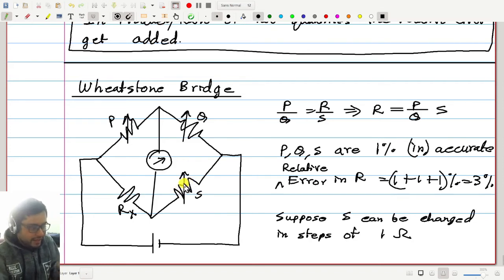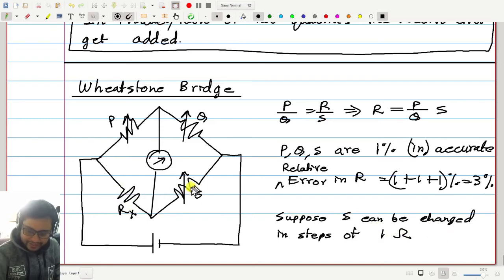You can only vary it in steps. There will be some knob or leads, which you can control in discrete steps. Suppose this can be varied in steps of 1 ohm. Then I can never say that my Rx has infinite precision. This is the resolution of varying S.